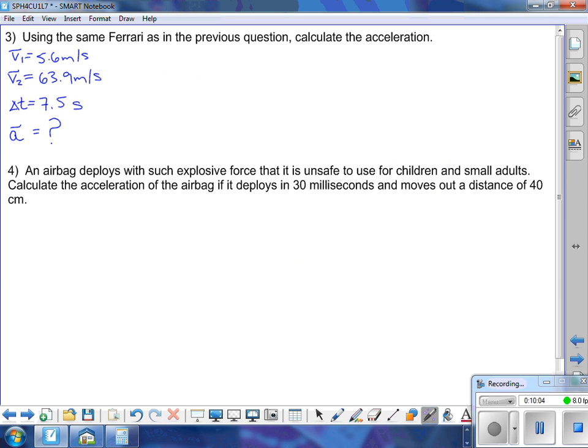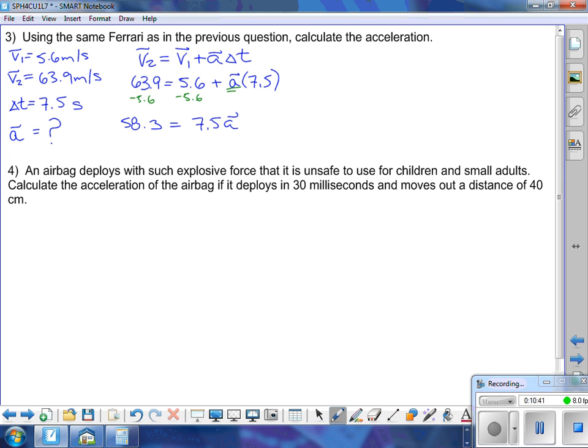So we'll pull that formula forward. V2 equals V1 plus AT. Substitute in what you know. 5.6 plus. Now this is where you've got to use your algebra skills. Just grade 10 formulas though. We're isolating for A. So we're going to subtract 5.6 from both sides. Leaves us with 58.3 equals 7.5A.